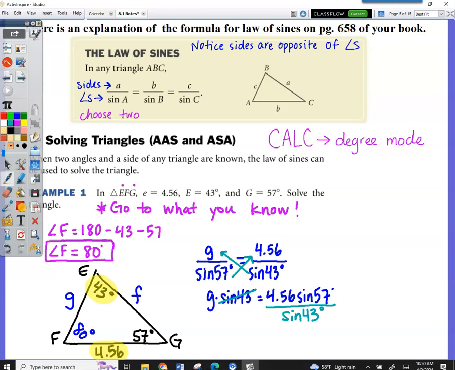We are definitely in the decimal world, so you're going to get decimals. By the way, let's round to the nearest hundredth. I'm going to leave this one here where I kind of did more work than I needed to. And then I'm going to show you with solving for F where I can do less work, only the work I needed to, so you can see the difference between the two.